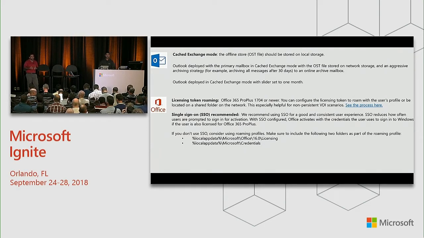So even though we're making really big improvements in our user profile disk technology and Outlook, the application itself, having a smaller window that we're syncing will really create a better user experience for your workers in this environment.